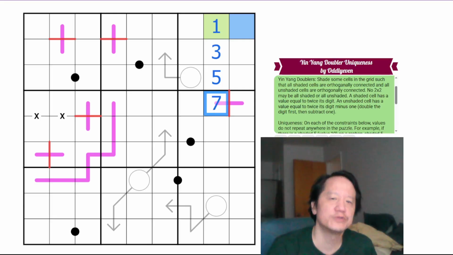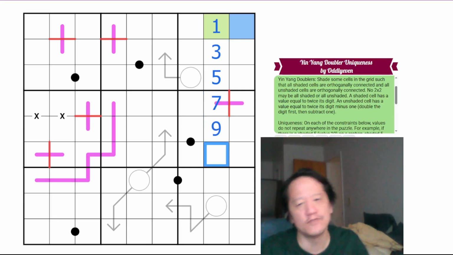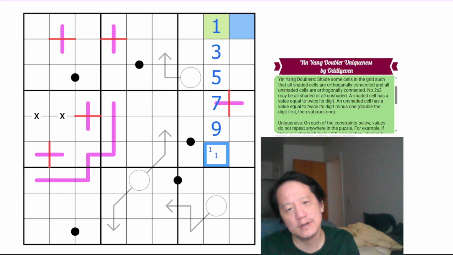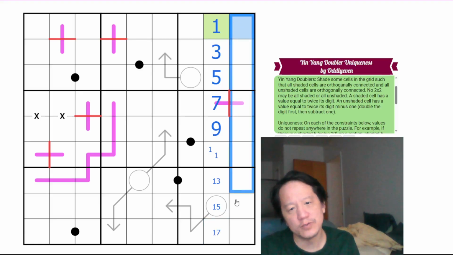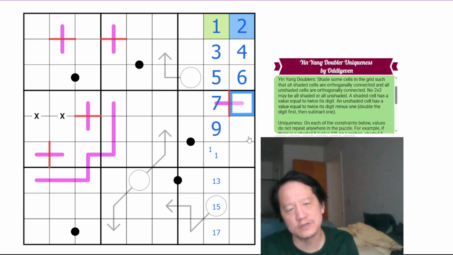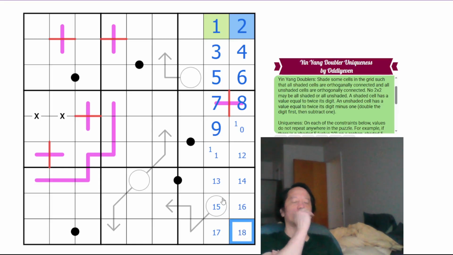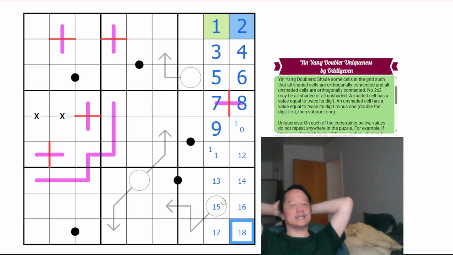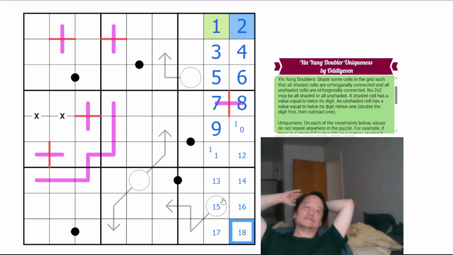So it's 1, 3, 5, 7, 9, 11, 13, 15, and 17. And then we have 2 through 18 for all the shaded cells, 14, 16, and 18. So we have all the digits from 1 through 18. That's interesting.